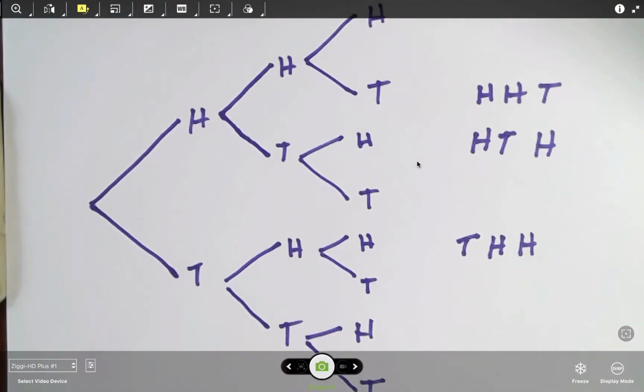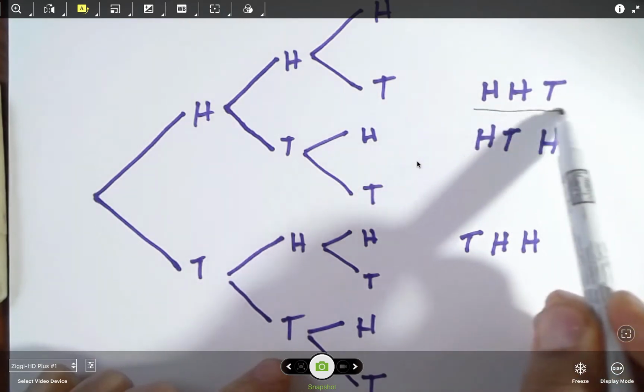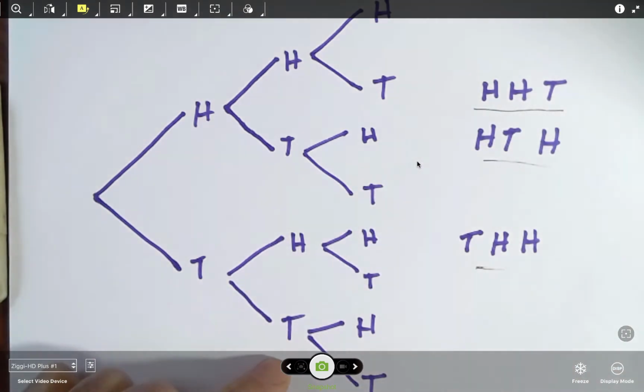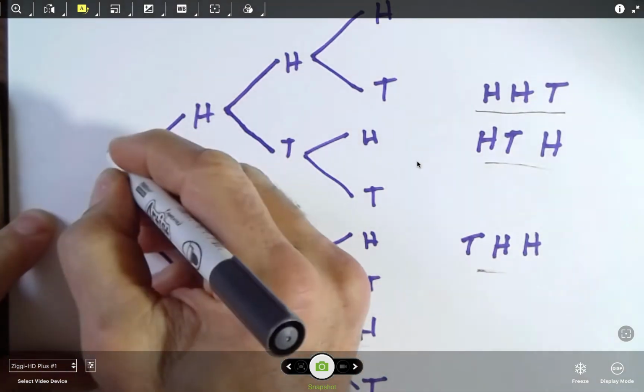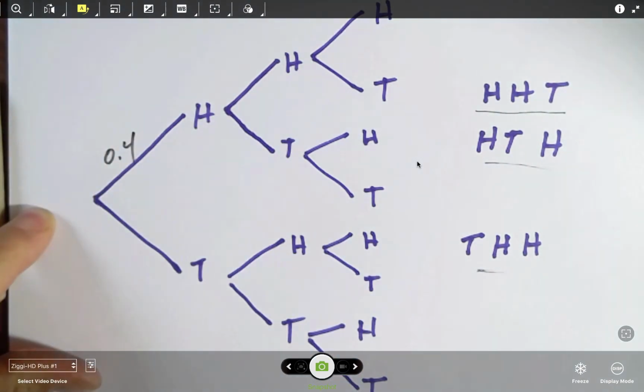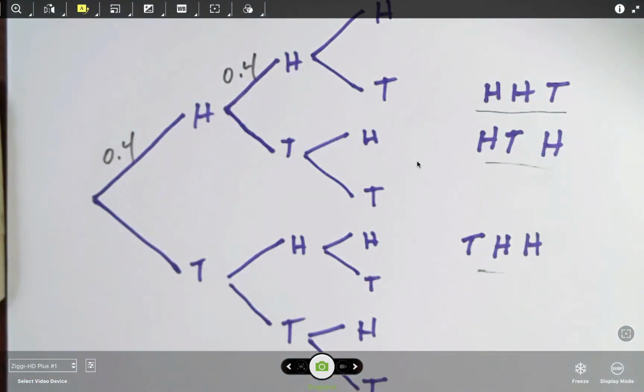Well, we can look at a tree diagram to represent the situation. So there are 8 outcomes, and 3 of them result in 2 heads. Okay. Now we can write down our probabilities on the branches here, and we know that these are conditional probabilities.